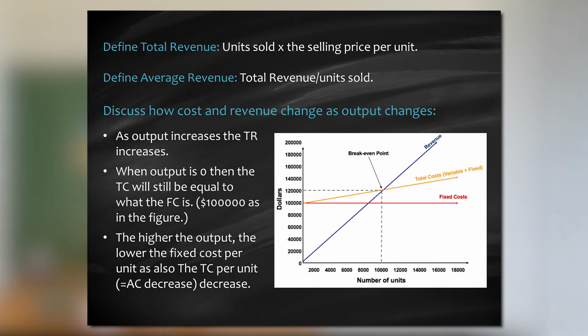The more your output is, the more will be your revenue. It is exactly the same for your total cost. The more your output, the more your total cost. So that is important. It is also important that you understand why the total costs start at that point.